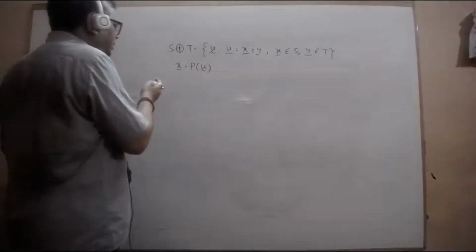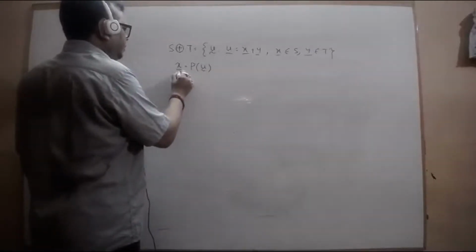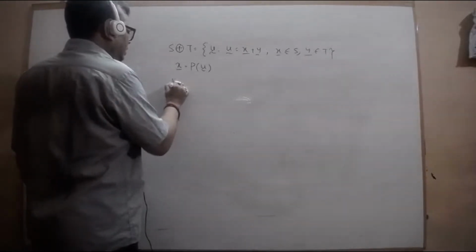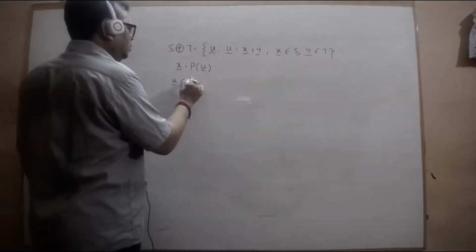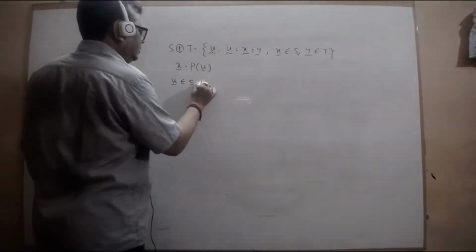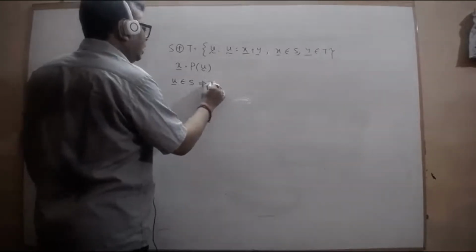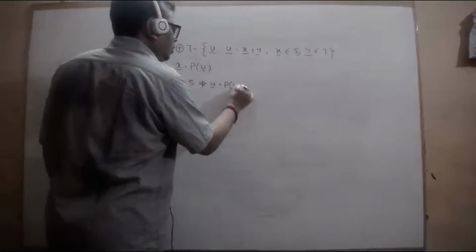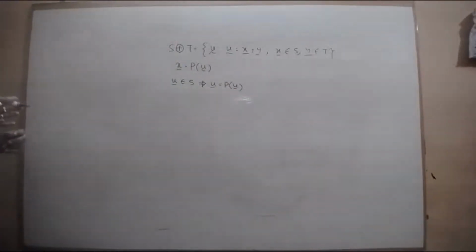I already observed that if this u belongs to S, then this u is nothing but Pu, which I already observed in the example R³.